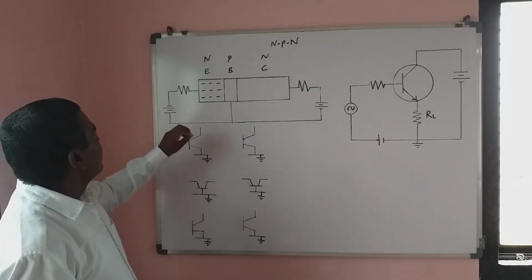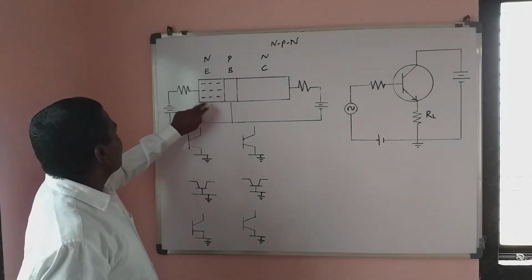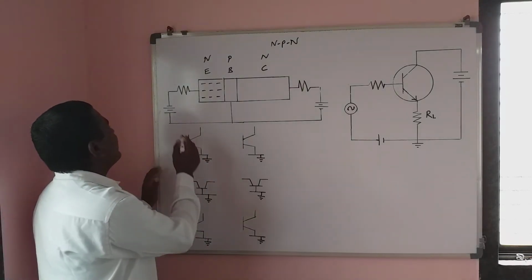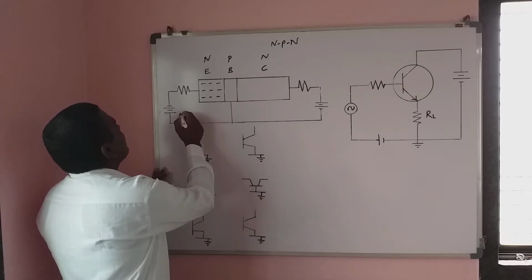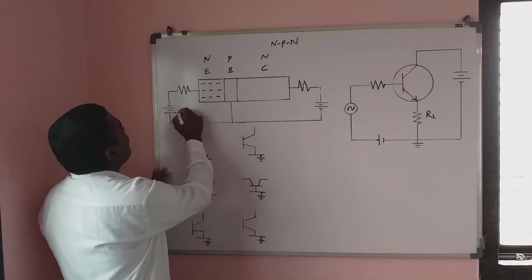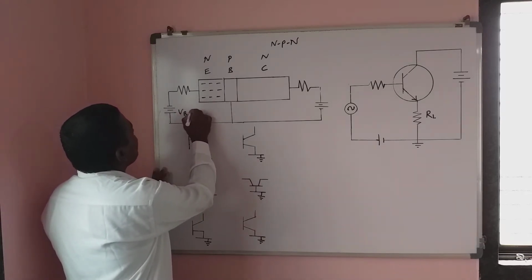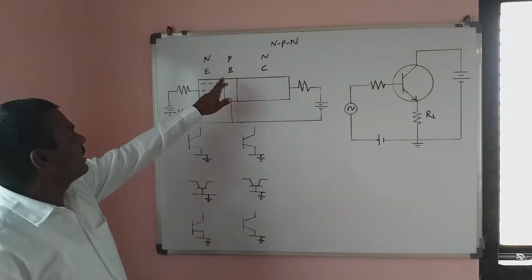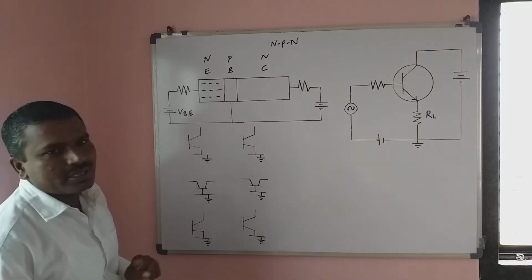When this is in a reverse bias, the biasing voltage is VBE. The voltage produced through the base emitter junction is VBE.